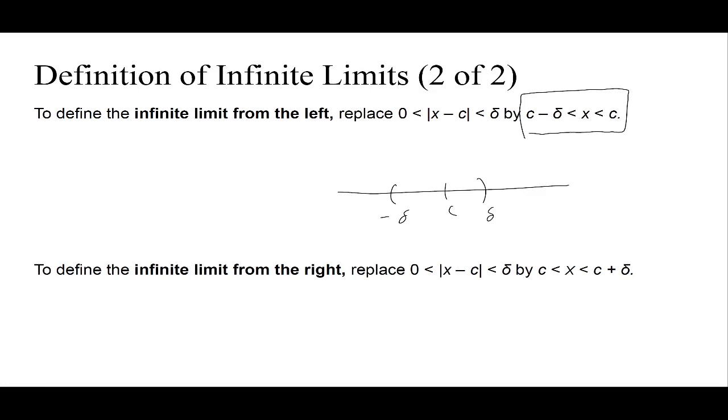So if you pick anything from this left side, let's say x from here, which is actually x greater than c minus delta and less than c. This is c minus delta and this is c plus delta, because we're talking about the delta distance here. So that's called an infinite limit from the left. Similarly, if you pick your x value from the right side, that's called an infinite limit from the right.